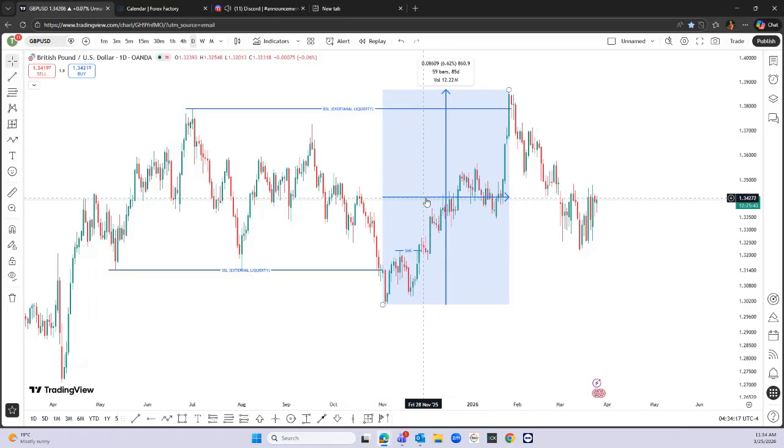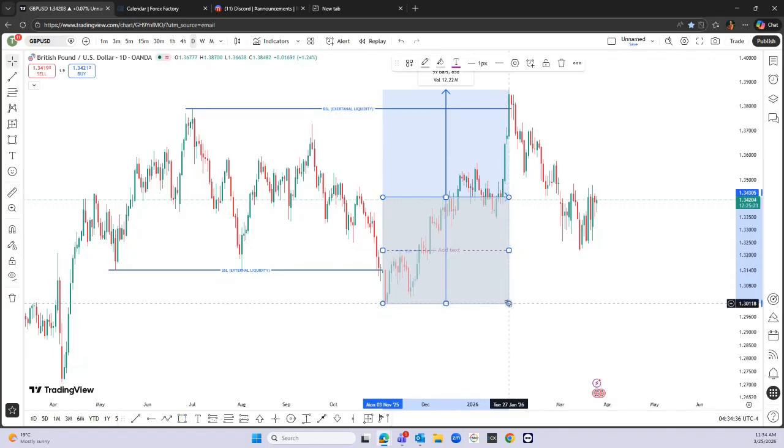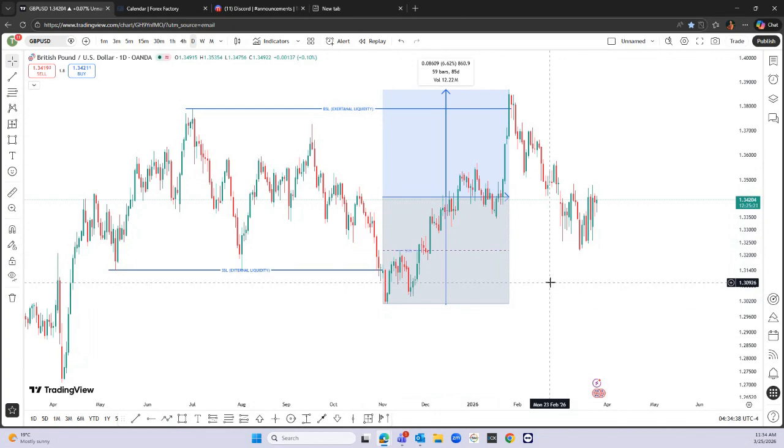So these will be the areas for us to concentrate on buying opportunities, not above this level. That level I have marked there. Okay, so that's what we have identified.